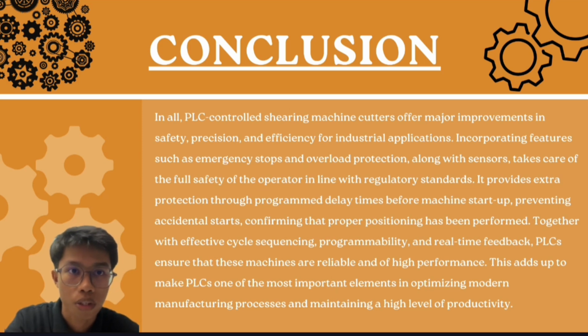It provides extra protection through programmed delay times before machine start, preventing accidental starts, confirming that proper positioning has been performed, together with effective cycle sequencing, programmability and real-time feedback. PLC ensures that these machines are reliable and of high performance. This makes PLC one of the most important elements in optimizing modern manufacturing processes and maintaining a high level of productivity.